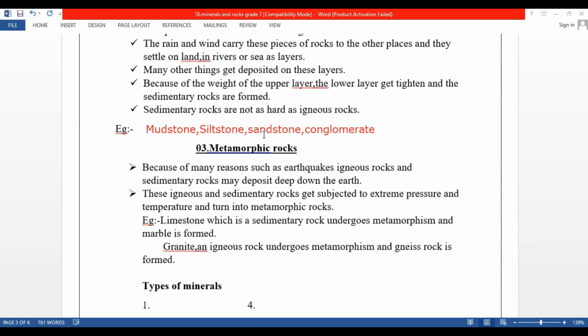These igneous and sedimentary rocks get subjected to extreme pressure and temperature inside the earth. Then because of these things, these igneous rocks and sedimentary rocks will convert into metamorphic rocks.